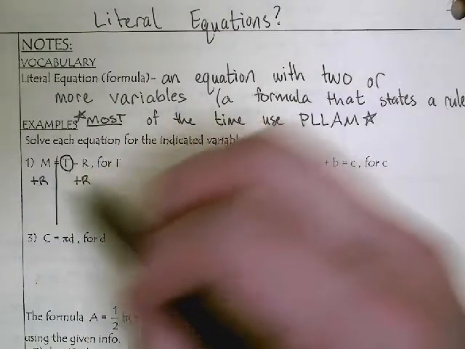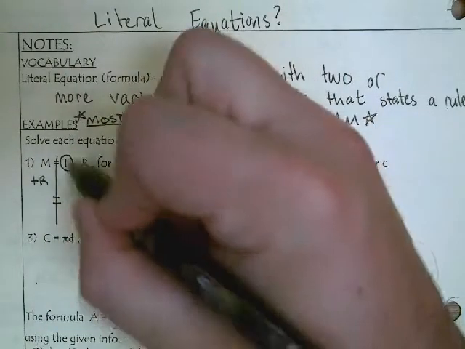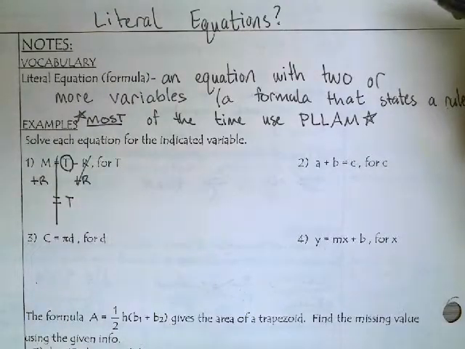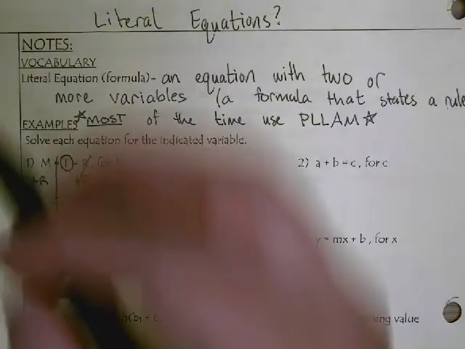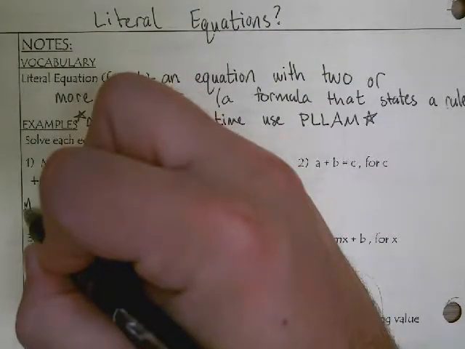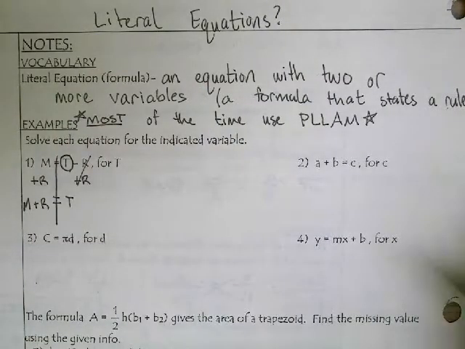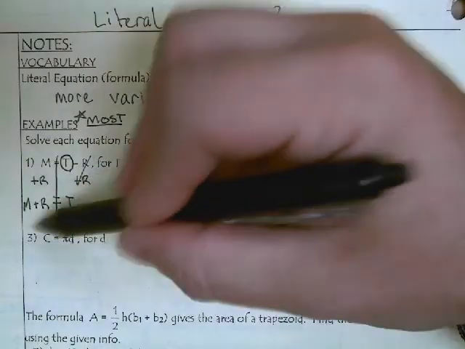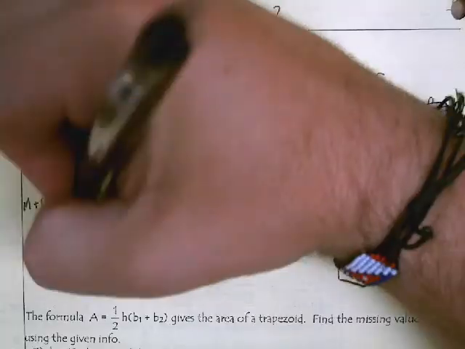There's no like terms to combine, so I'm left with t, those r's canceled. And then on my other side I'm going to have m plus r. And now I've solved for t. T's all by itself, and we've got all the other stuff on the other side of the equal sign. That's our answer.